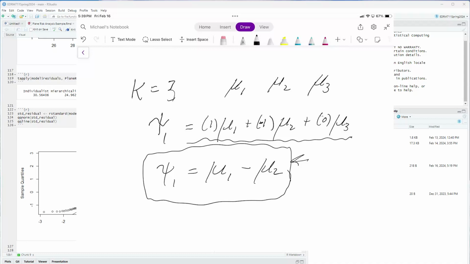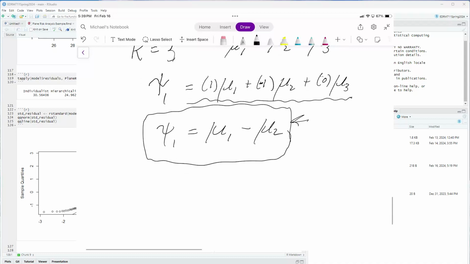But before we do that, notice what my contrasts are. If I were to sum up all these different W's, sometimes people indicate the weights as a C and sometimes they do it as a W, but we're doing it as W's.